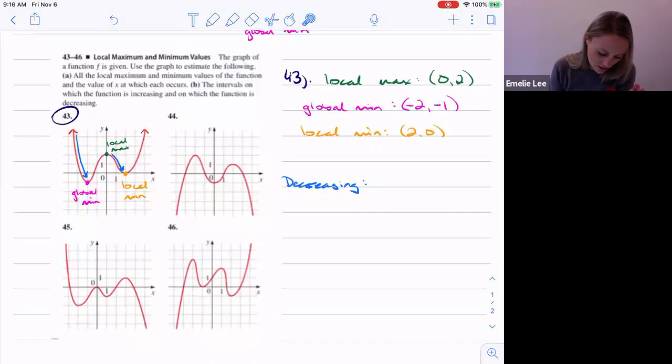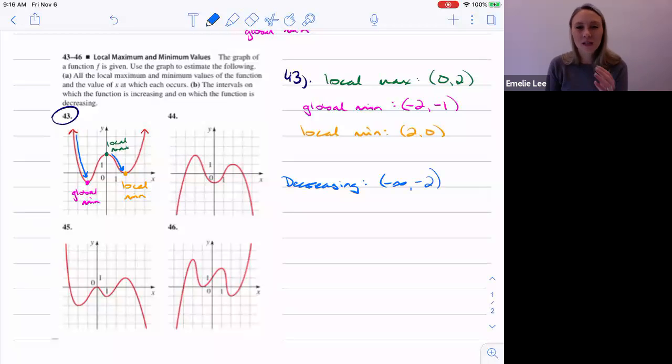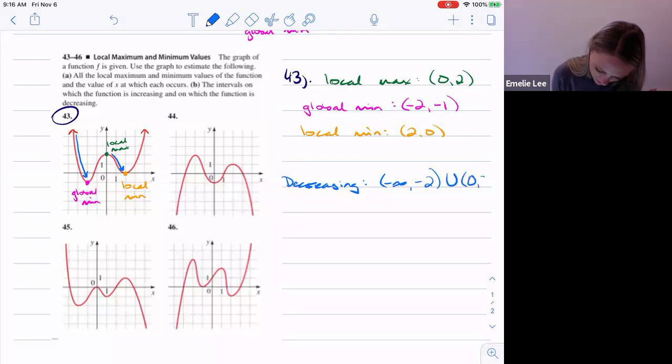So it's decreasing from -infinity up until x equals -2, where we reach this minimum. So from -infinity up to -2, not including -2, that's the turning point. And then we pick it right back up at x equals 0, going to x equals 2. So union (0, 2).